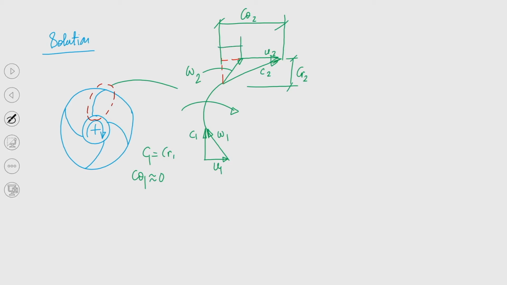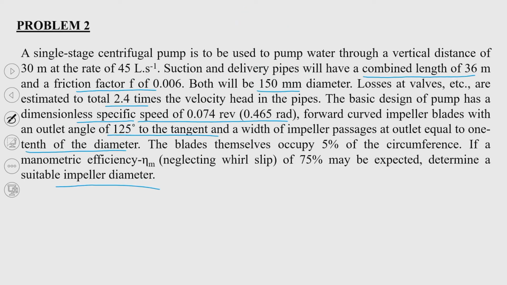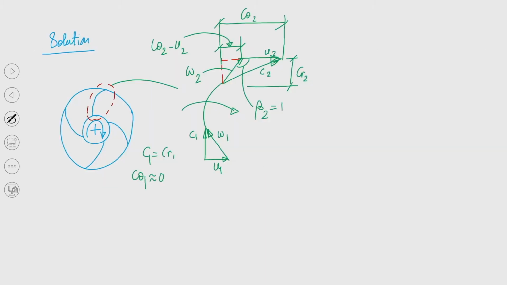W theta 2 will be C theta 2 minus U2. If we draw the velocity triangles, this angle beta 2 equals 125 degrees to the tangent, that is also given, okay. So this is 125 degrees.